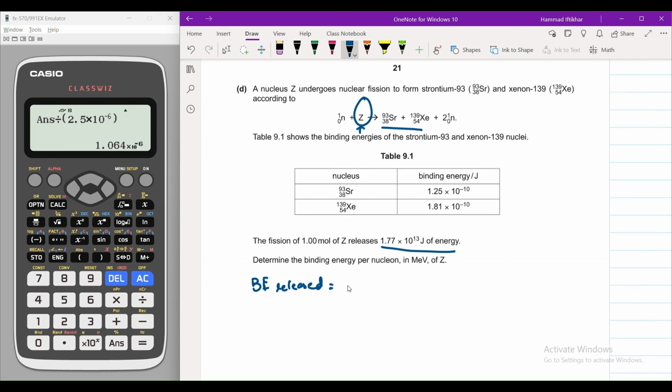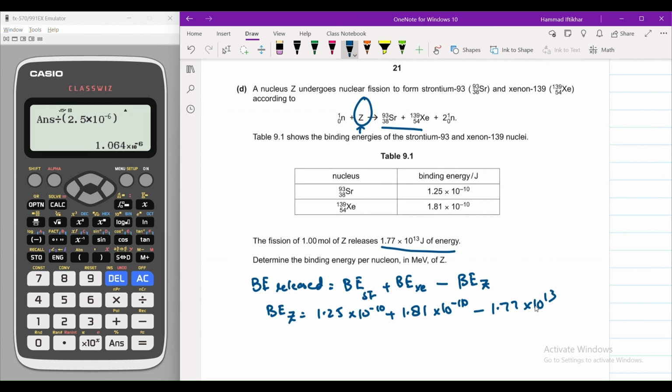So let's add them up. The binding energy of strontium, Sr, plus the binding energy of xenon, minus that of Z. Since we're finding the binding energy of Z first, we take the binding energy of strontium and xenon minus the energy released. So 1.25 times 10 raised to power minus 10 plus 1.81 times 10 raised to power minus 10, minus the energy released, 10 raised to power 13.